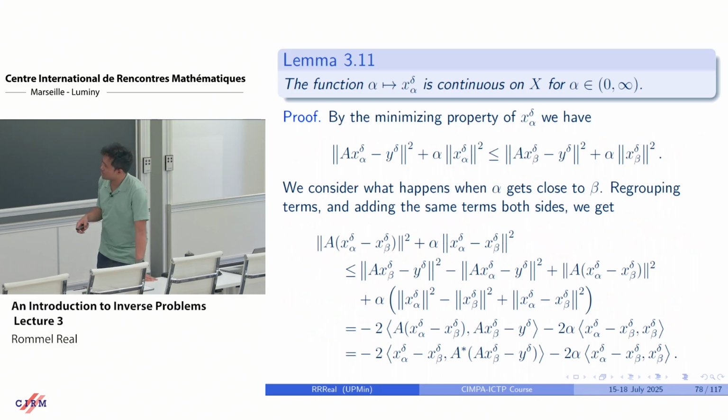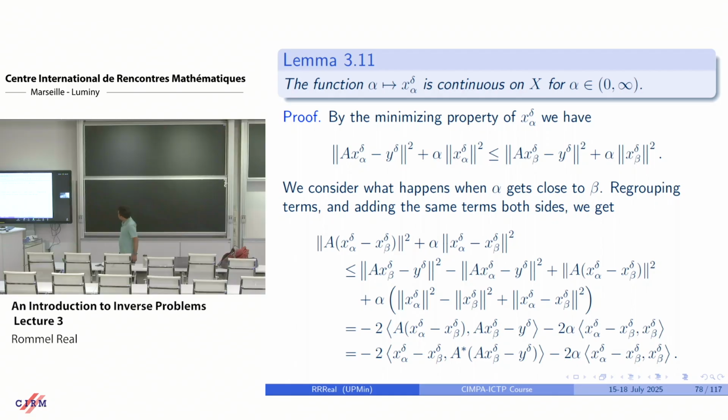So we want to show that the mapping from alpha to the Tikhonov minimizer x sub alpha is continuous. So to do that, we started from finding, by using the minimizing property of x sub alpha delta.